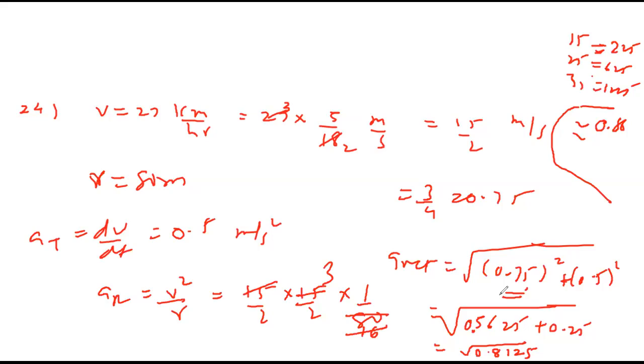Done, sir. 25th. A turntable which is rotating uniformly. As seen from the ground, a particle goes in a circle with a speed of 20 and acceleration of 20.